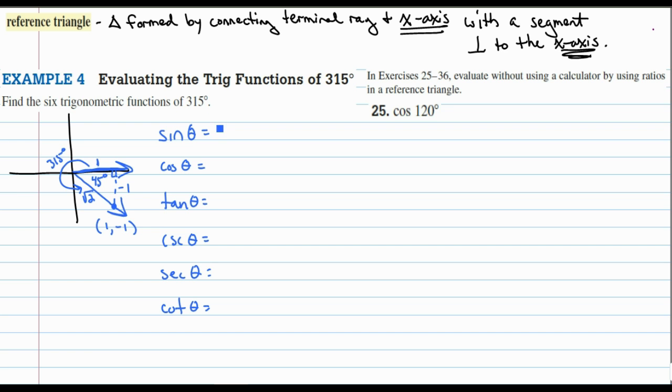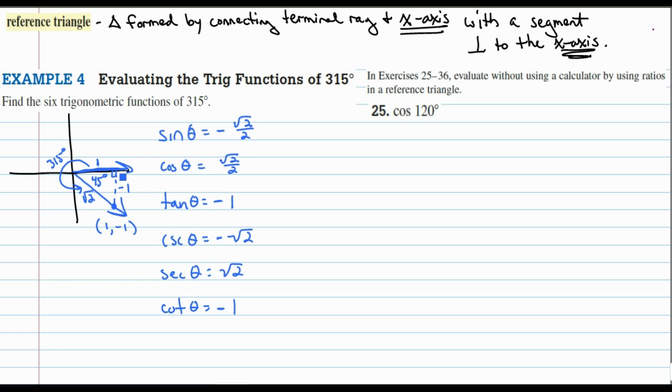So sine would be negative. Anything opposite? No, not cosine. Tangent will be negative. Cosecant, yep. And cotangent. Those are all going to be negative because the opposite side, unlike 45 degrees, which would be in quadrant 1, the terminal ray is in quadrant 4, so the y-coordinate is negative. The opposite side is negative. So here are your 6 trig functions of 315 degrees.